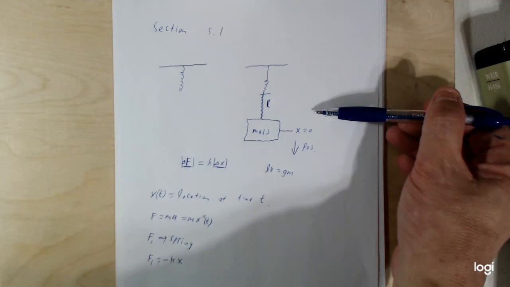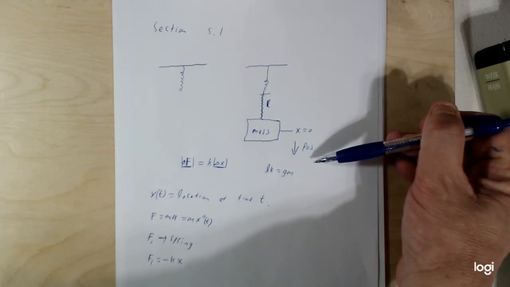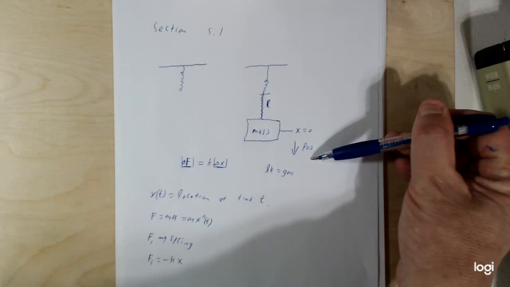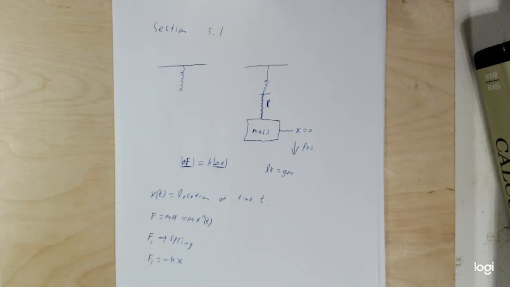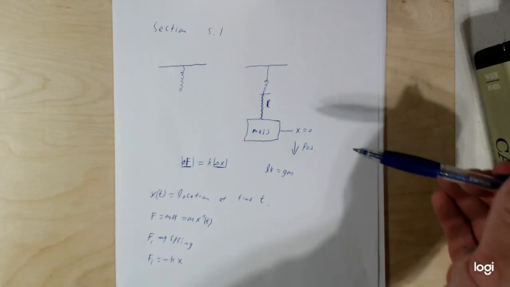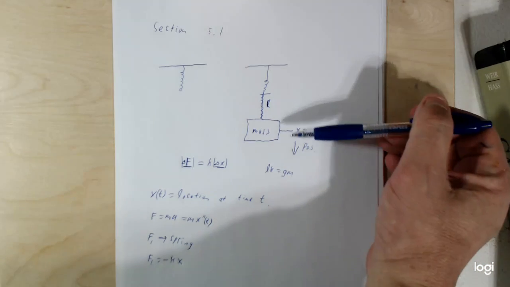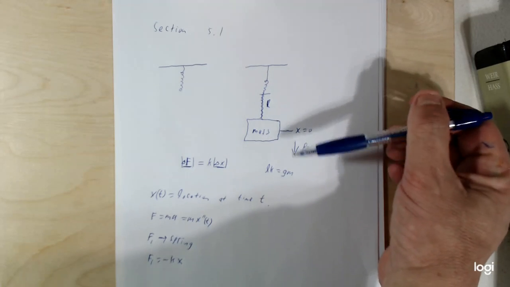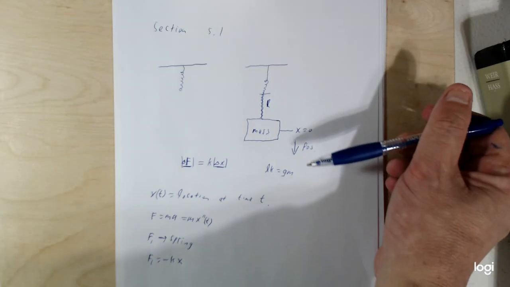So if it's up here, the position is negative, and so the force is going to be downward. If we go down here where the position is positive, the force is going to be pushing you upward, which is in the negative direction. So that's why the negative sign is there. Notice we're only thinking about x because we've balanced this thing out. So the weight of this mass is not changing as it's oscillating up and down. Obviously, we're assuming we're not going distances where the distance from the center of the Earth matters.